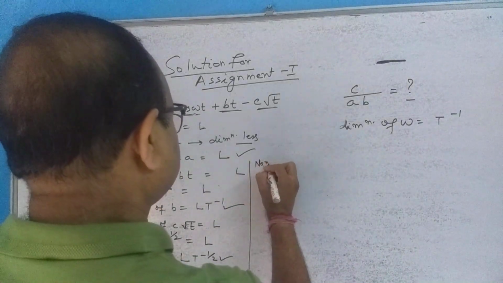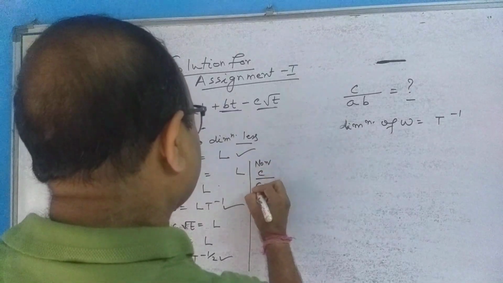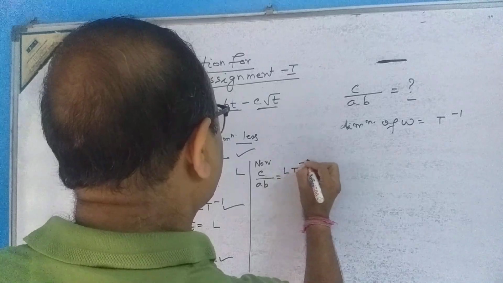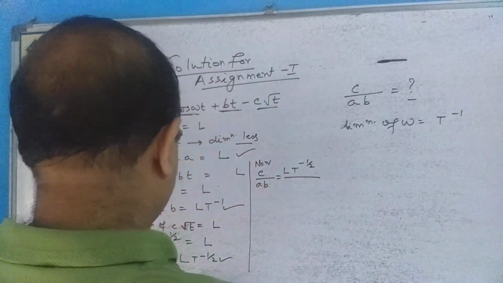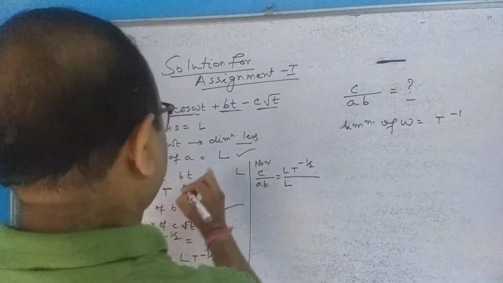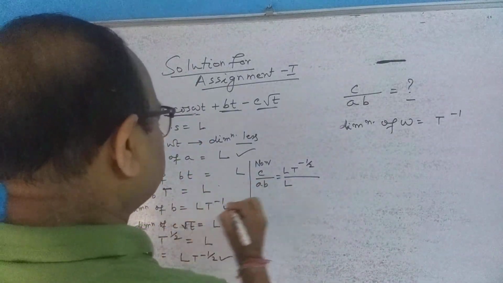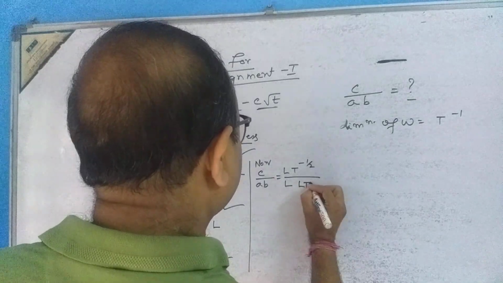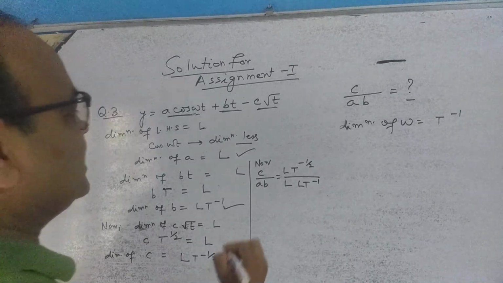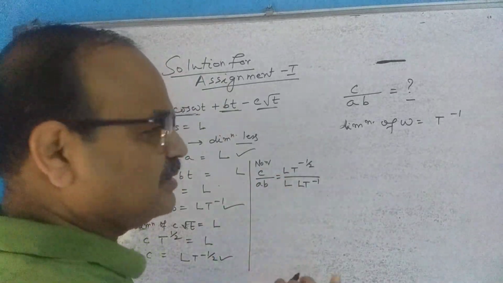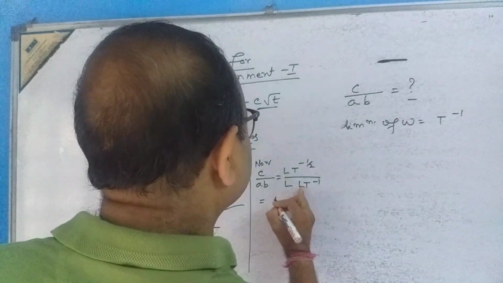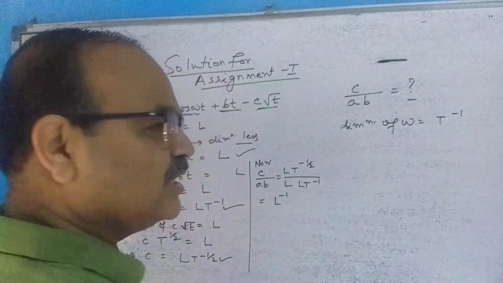Now C by A into B. What is C? L T to the power minus half. What is A? A is L. And what is B? B is L T to the power minus 1. You all know that this L and L will be cancelled, but we won't put a slash, and this L will remain in the denominator.